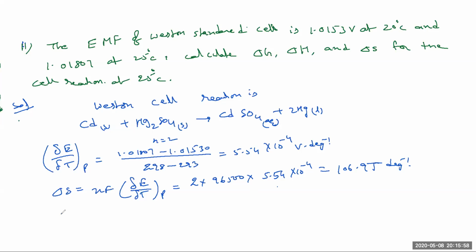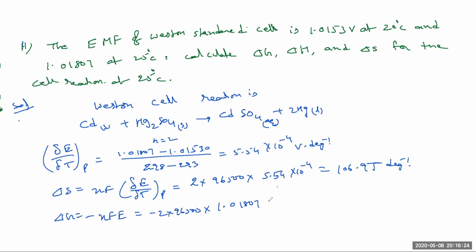Now come to ΔG. ΔG is equal to minus nFE, minus 2 into 96,500 into the E value, that is 1.01807 at 25 degrees.